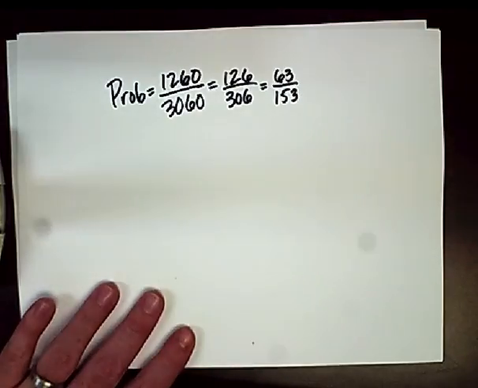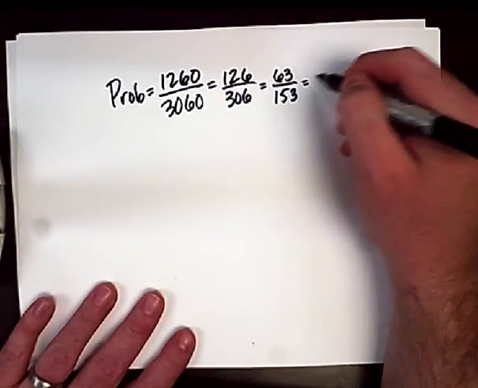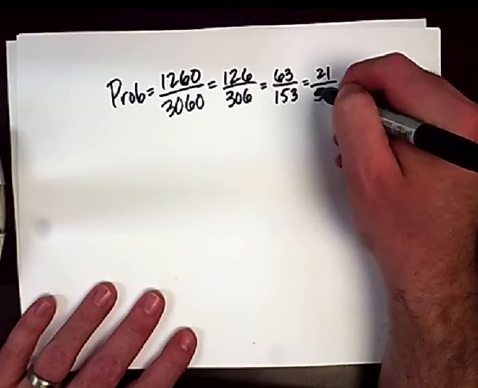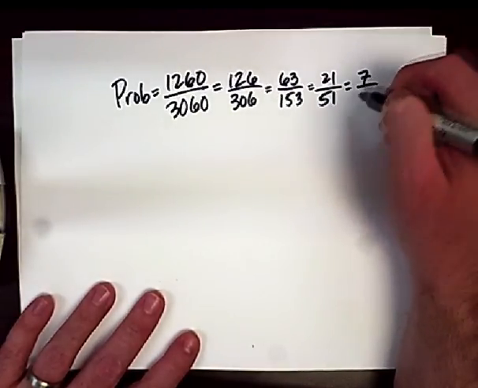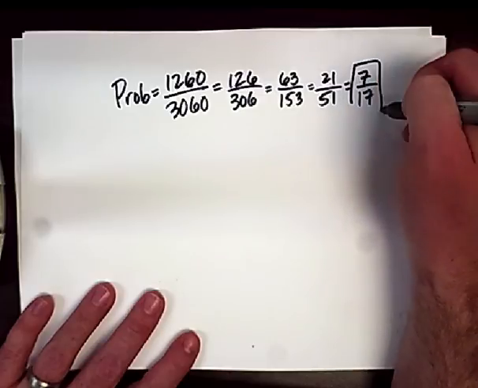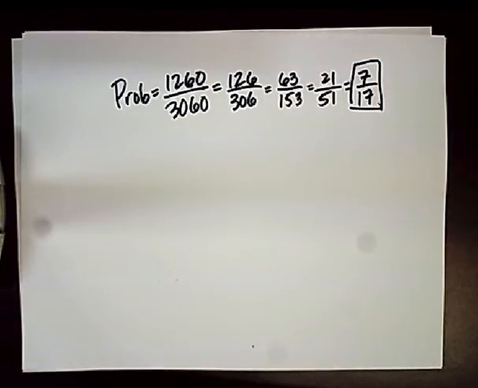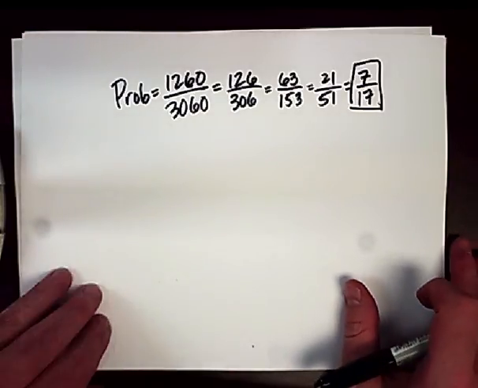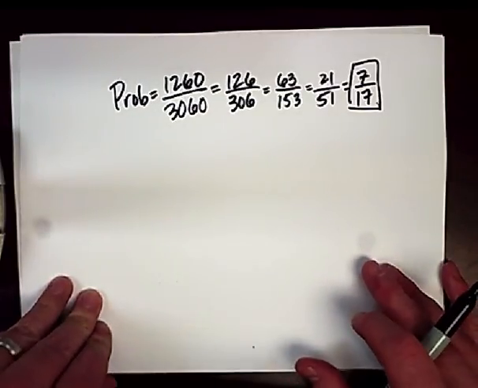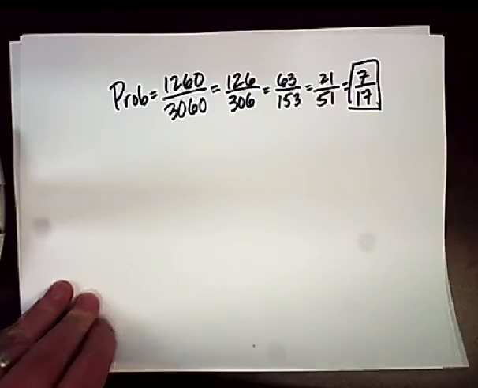Okay, and then I think that 3 goes into both of those. 3 goes in there 21, 3 goes in there 51. 3 goes into both of those, 7 and 17. So that's your answer. You have a 7 out of 17 chance of choosing a committee that is 4 guys and 4 girls. All right, that is it for 12.4.